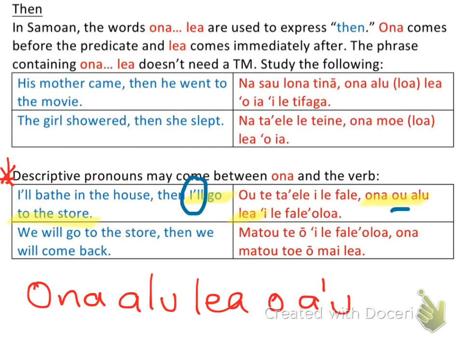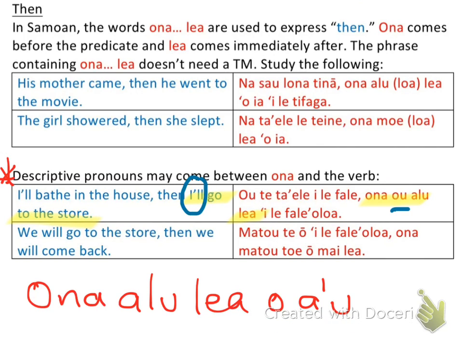So I have o right there. But in the example that I'm showing you, I'm not using a descriptive pronoun that would go in that area right here. I am not using that, so I need to put it after the leia. Okay, so descriptive pronouns can come in between the ona leia section, and emphatic ones need to come after. Okay, so that's the difference.